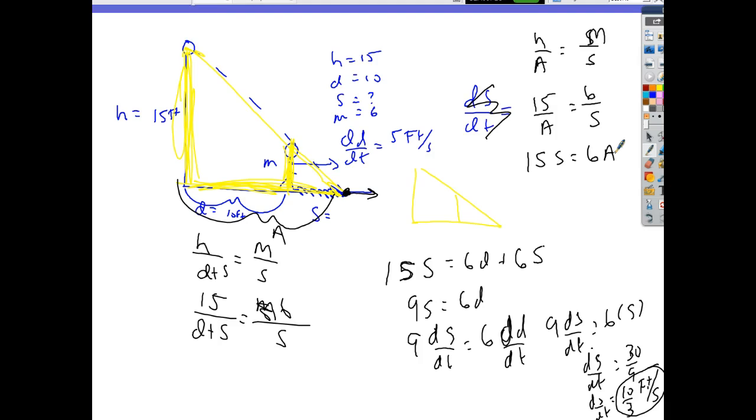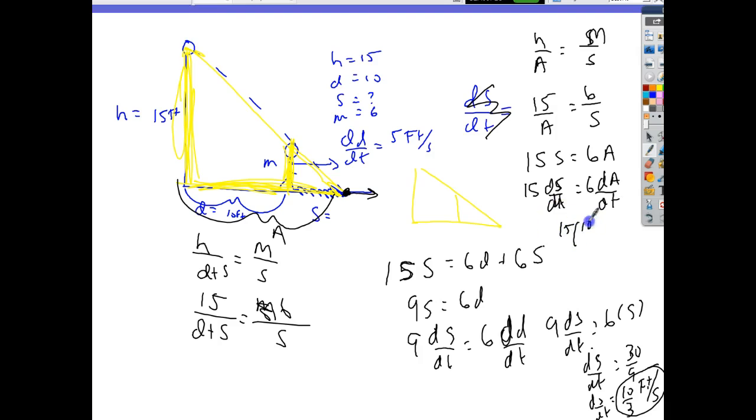Okay, so 15 ds dt is equal to 6 dA dt. Now, notice something interesting. I don't know ds dt, except I just solved for it, didn't I? Yeah. So that's going to be 10/3.